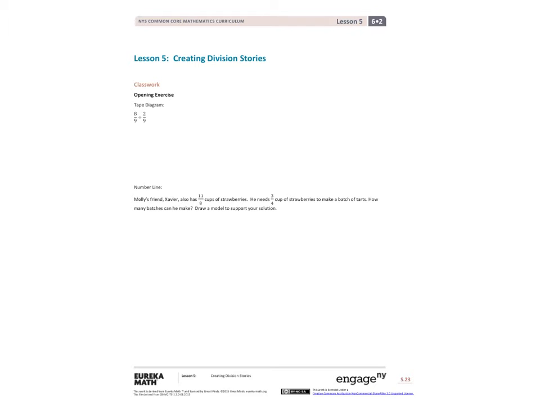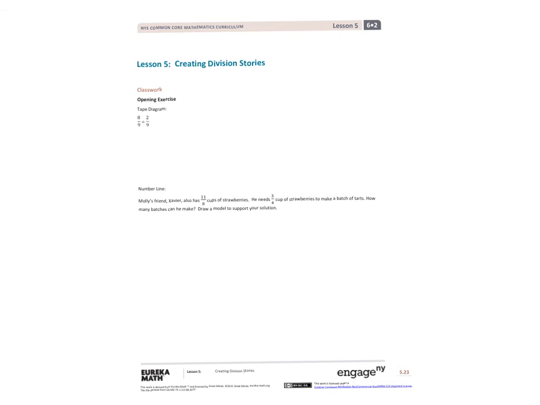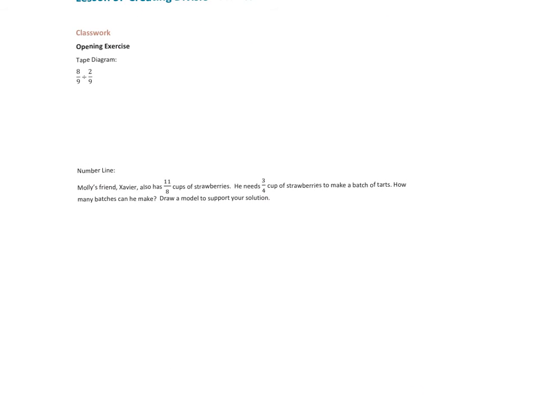It's on page 51. And the first thing it asks us to do, let me enlarge this just a little bit, is create a tape diagram of 8 ninths divided by 2 ninths. The first thing I notice is we do have a common denominator, which means I don't have to change anything.